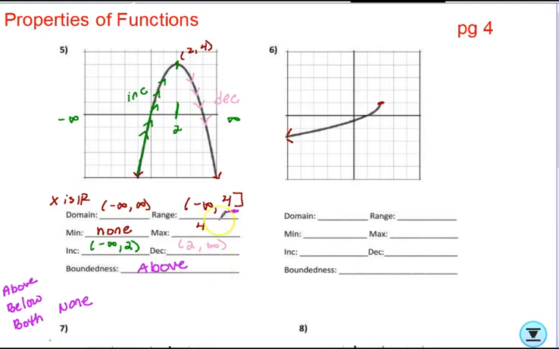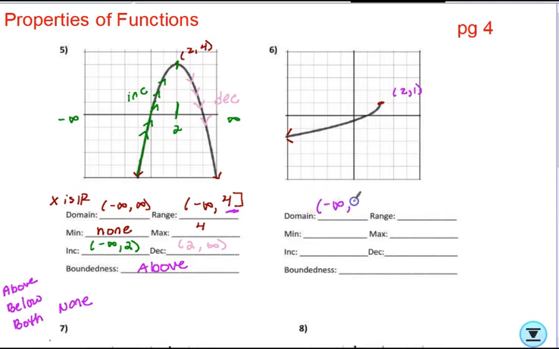Okay, pause the video here and try number 6. I'm going to label this key point. This is at 2, 1. Domain is from negative infinity, and we stop here at 2.